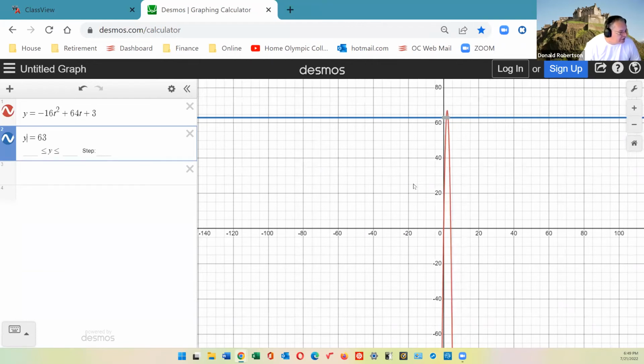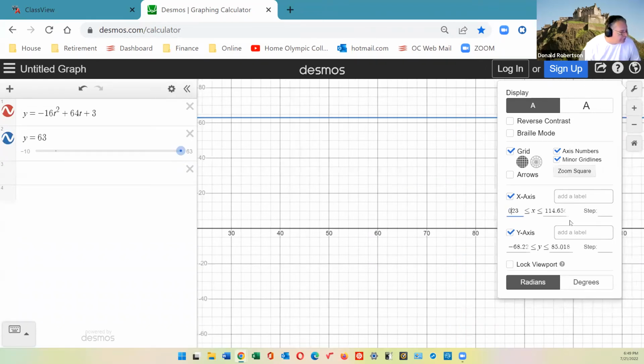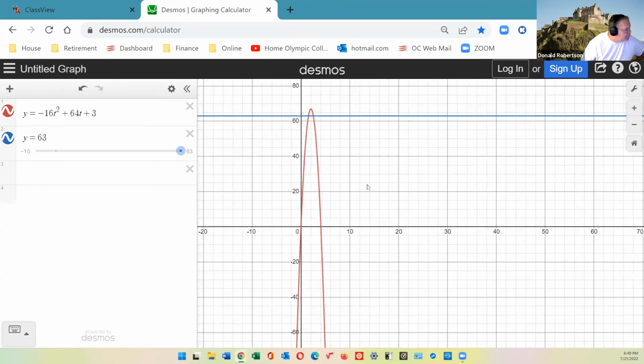Now, the scale here is horrible to read anything. So I'm going to go over here and tell it that I'm only interested in time starting at 0. And I'm only interested in, I don't know, let's say the first 10 seconds, see what that looks like. And let's click out and move over. That's a little bit better.